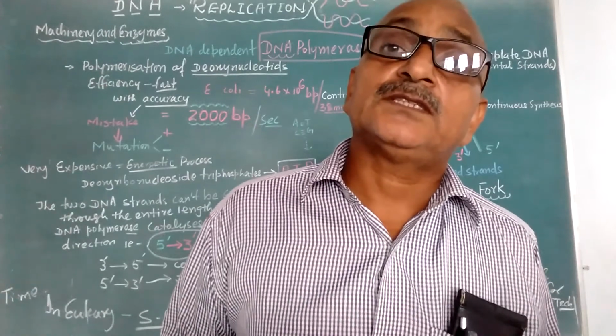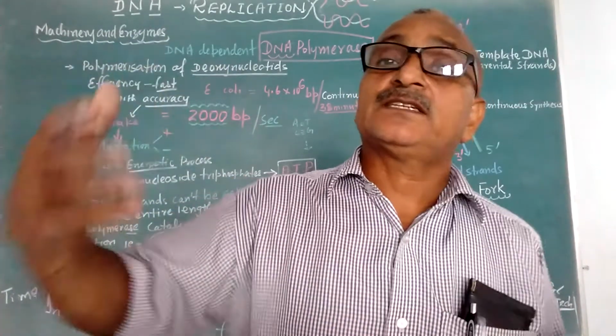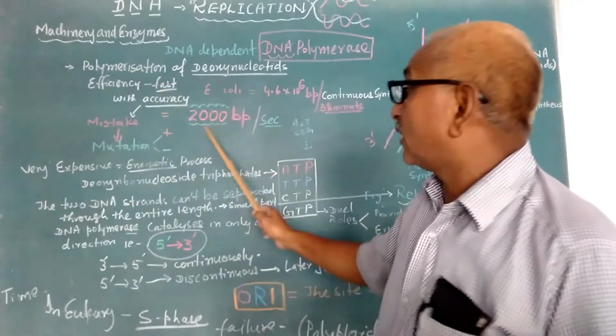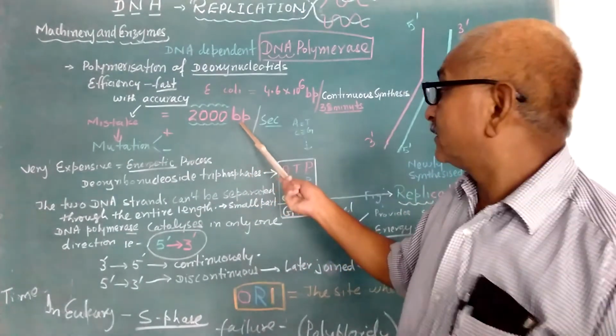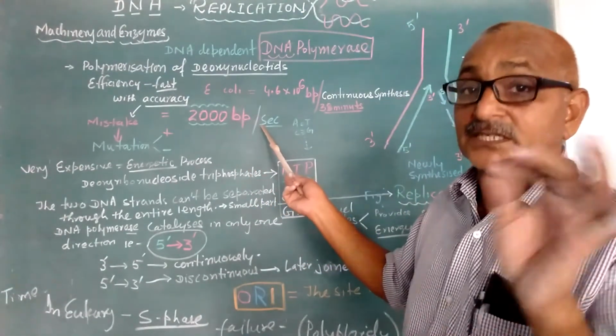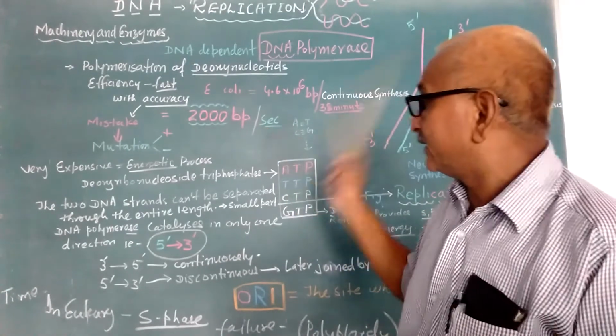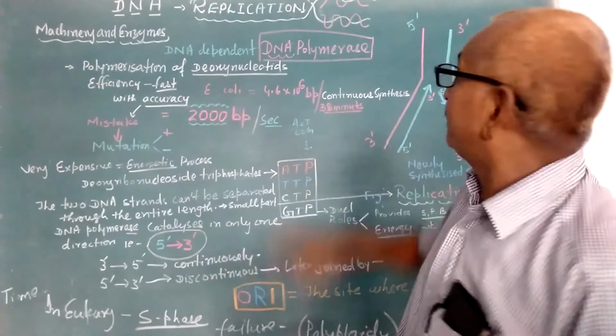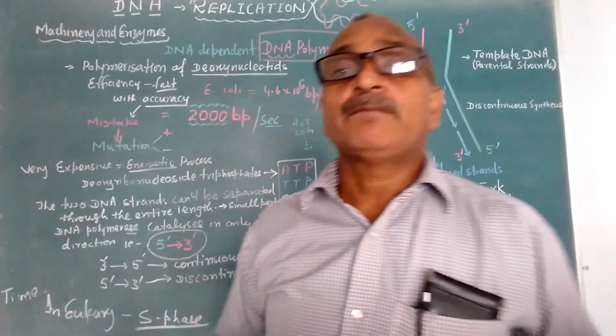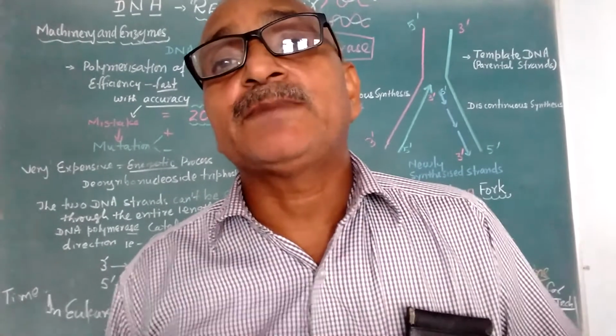Okay, this is very efficient. Never forget, 2000 base pairs are synthesized per second. Imagine, think about it, how fast this can be. So in this way we have discussed DNA replication, how it occurs, and the replicating form.